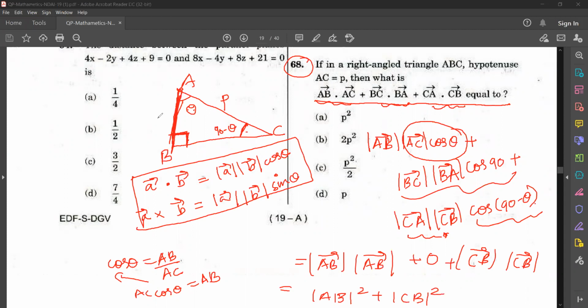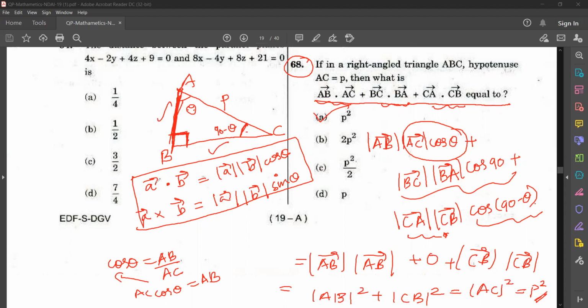That is nothing but we can apply the Pythagoras theorem. AB square plus BC square is AC square, isn't it? AC is given as P, so that is P square. So the answer is option A, P square. Option A, P square is the correct answer.